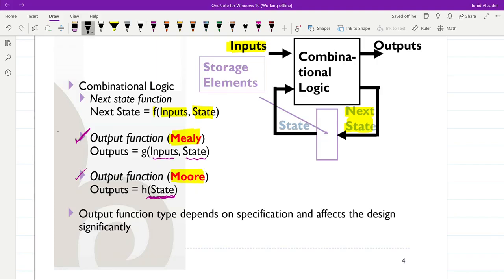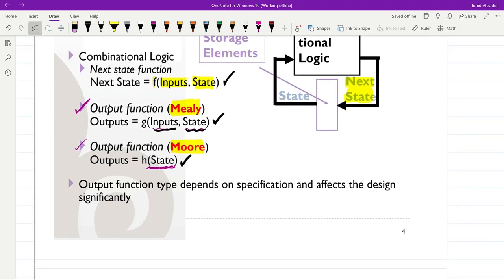Again, in the Mealy case, we have the output as a function of both inputs and the states. But for the Moore model, we have the output being a function of the state only. And for both cases, the next state is a function of the inputs and the current state.